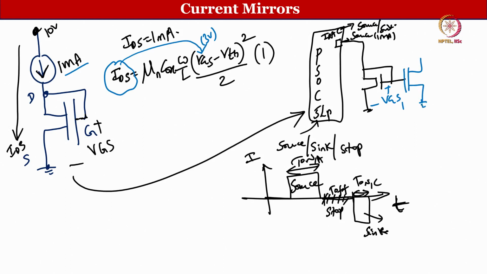Let us say this is VGS1 for M1, then I can have VGS2 for M2. If I can make sure this transistor is in saturation, then the current that flows here is 1 milliampere. If this is 1 milliampere, obviously this also will be 1 milliampere, right.